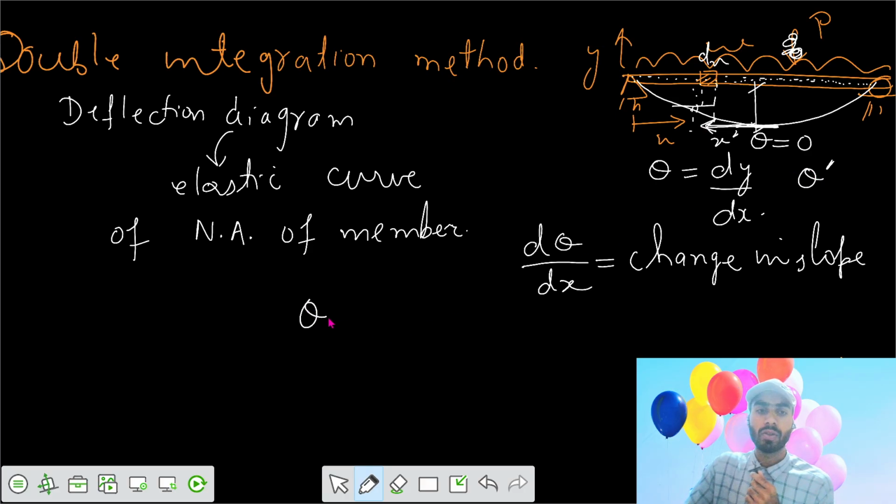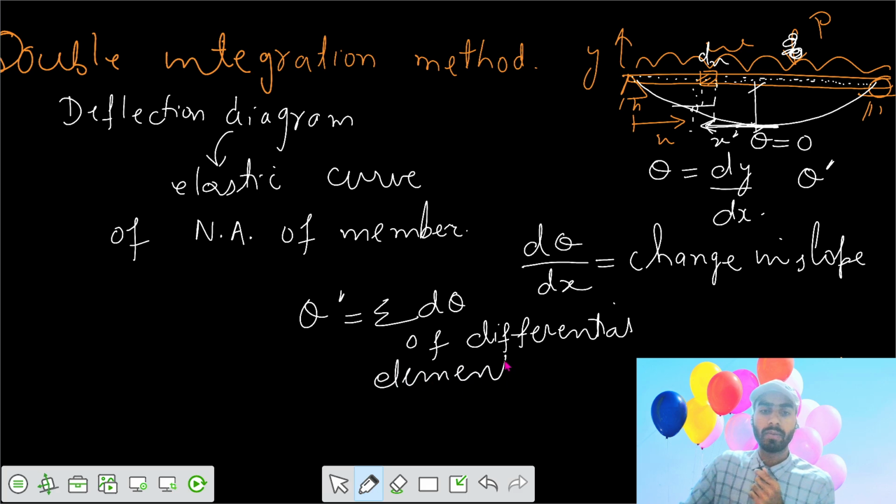That theta dash is contributed by the small thetas of the differential elements. When we combine them, we get the value of the particular theta at that location x dash.